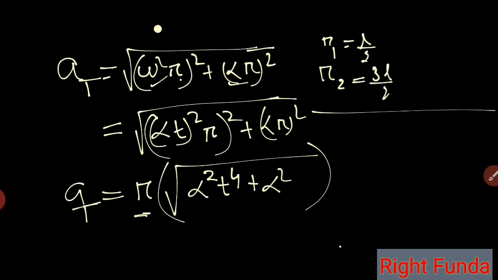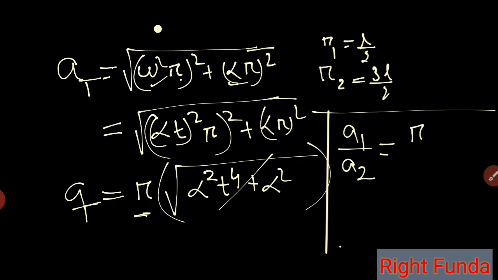If the question is asking to calculate the ratio of acceleration A1 by A2, the common terms will cancel out and it will be equal to R1 by R2 alone, and R1 by R2 is nothing but 1:3.